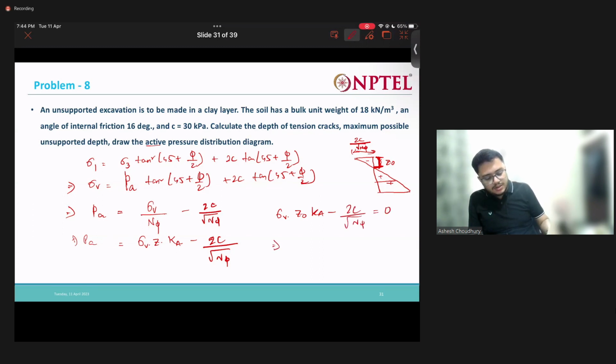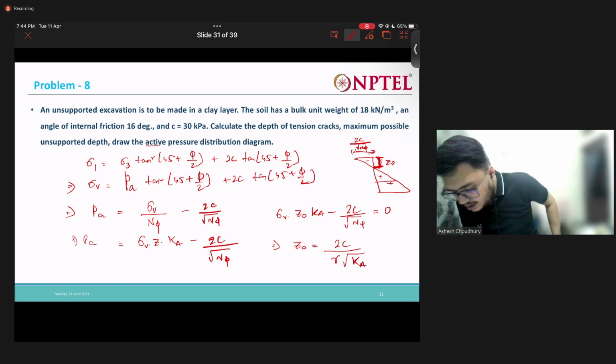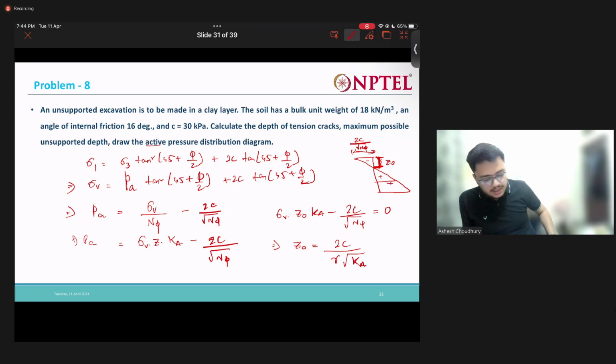From here we have z naught equal to 2c by gamma root over Ka. This will give my depth of tension cracks.